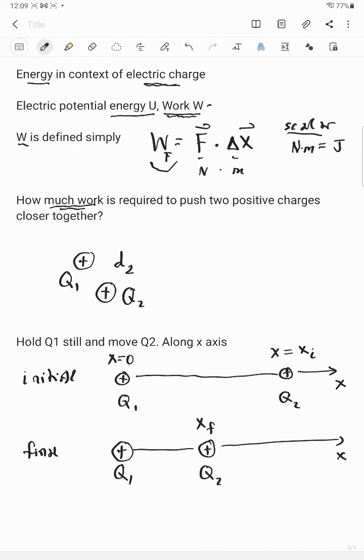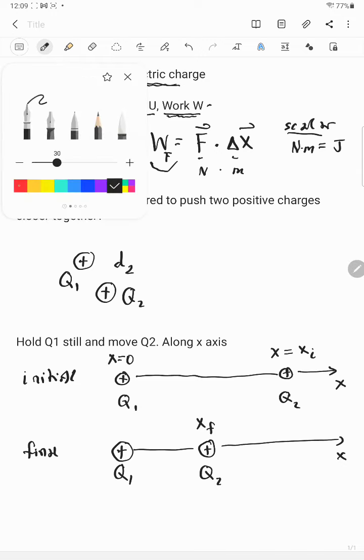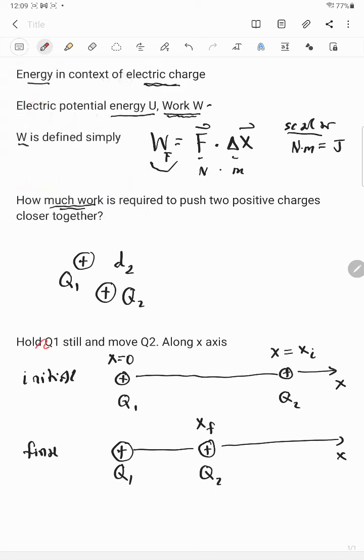So I'm going to do something for fun. Remember we said we're going to hold Q1 still and move Q2. So let's imagine how we might do that. Just for fun, I'm going to say that Q1 is held still by a person over here, and Q2 is moved closer by another person over here.